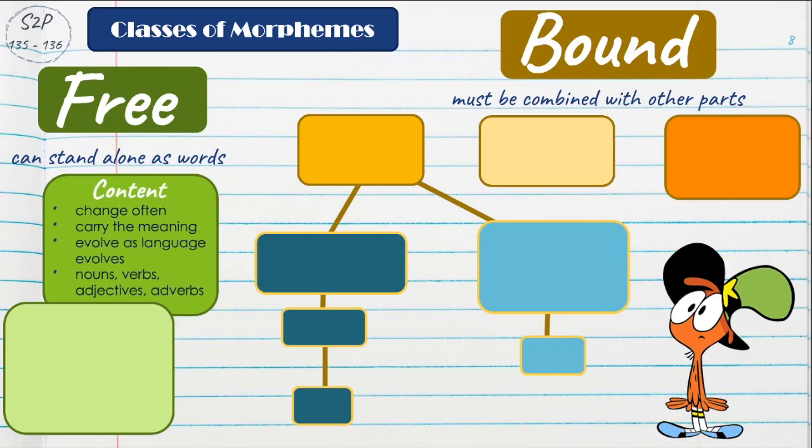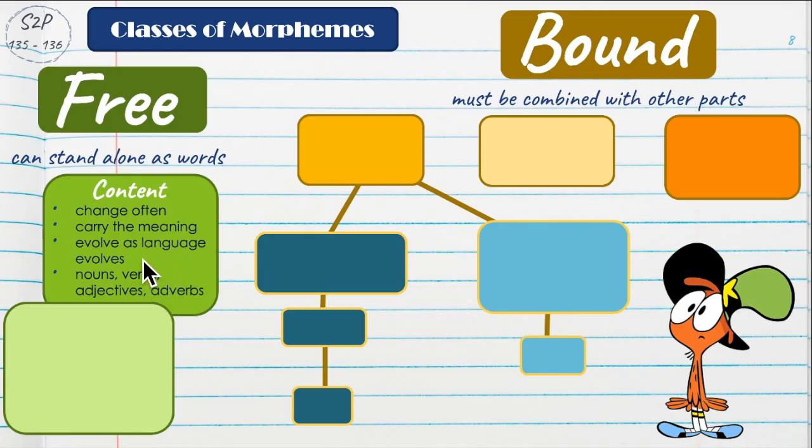So content words, these change often. We get new vocabulary words every day, and those are individual morphemes. If you ever read the book Frindle, they spent the whole book trying to create a new morpheme, a new word in its own right. They carry the bulk of the meaning for the whole word, and they evolve as our language evolves.